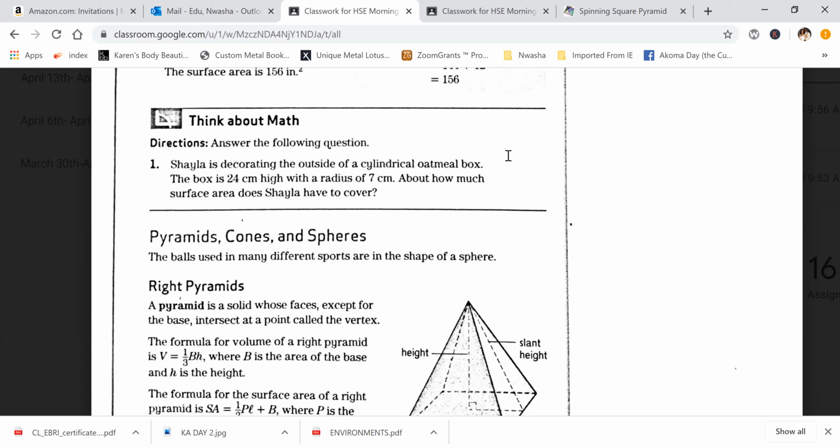Surface area, I think it's 1300, I think it is. I think I got 7 times 7. It's 49.